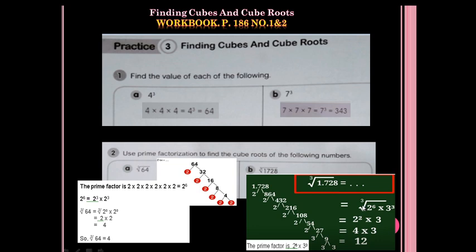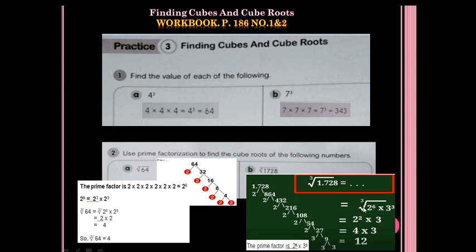Now the answer is the cube root of 2 to the power of 6 times 3 cubed. If we want to eliminate the root, 6 divided by 3 equals 2, and 3 divided by 3 equals 1.